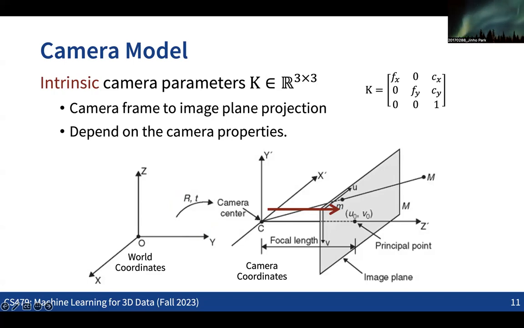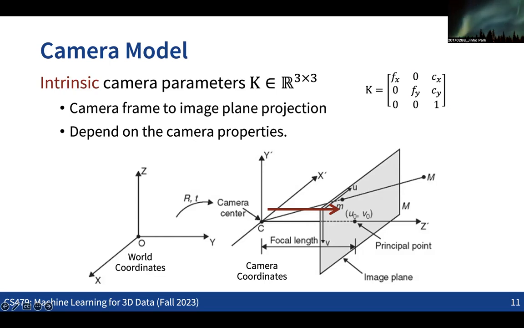Given 3D points defined in the camera coordinates, if we project all this 3D information onto the 2D image plane of each camera, we can consider it as multiplying by the intrinsic matrix. Typically this intrinsic camera matrix is defined as a 3x3 matrix with the focal length information and the center information. This is the example without distortion, but in some cases we can also consider lens distortion. But this is the simplified model, right?